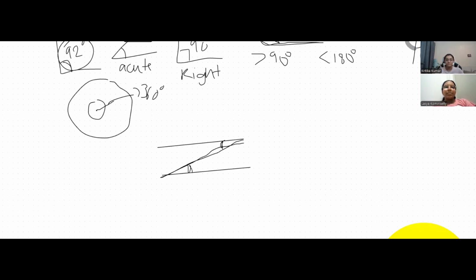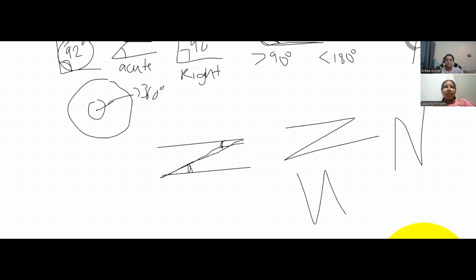If you have the same setup, it looks like a Z, exactly like a Z. Or it can also look like an N, or a downward N. But all you need to know is that this angle and this angle, or this angle and this angle, are always going to be the same. So if this is 30, that's going to be 30. And so on. If this is 40, for example, that's going to be 40.